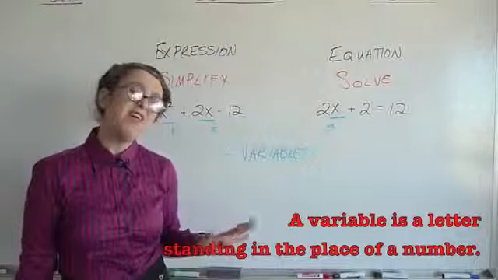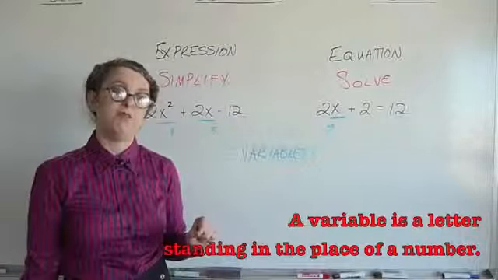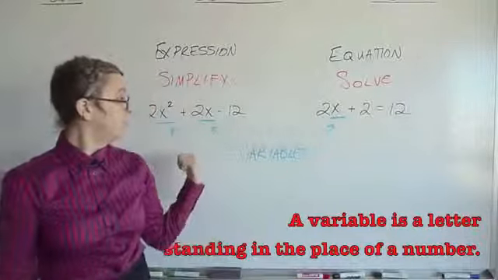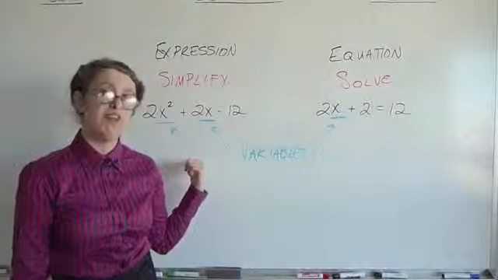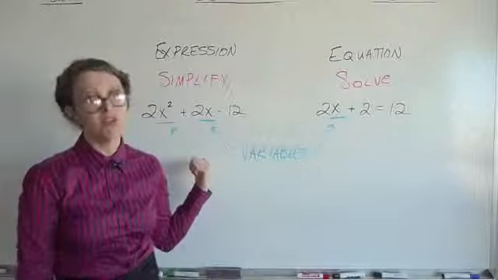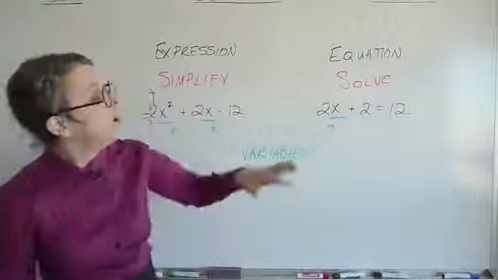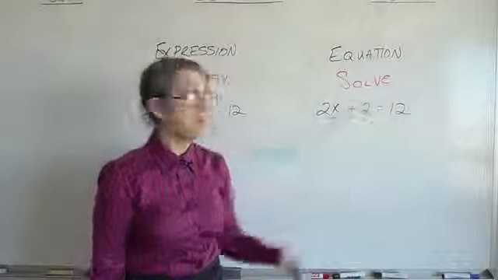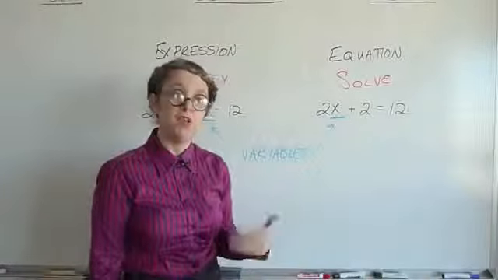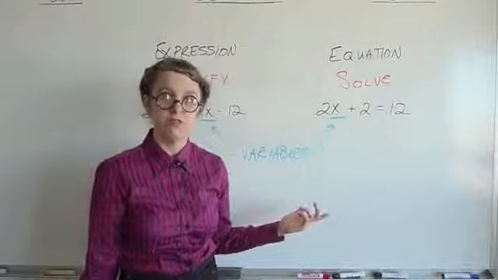And variables are letters standing in the place of numbers. With the expression, we're never going to be able to figure out what x equals. We're just going to be learning some new skills. Over here, with an equal sign, we're actually going to be able to someday figure out what x equals. Okay?